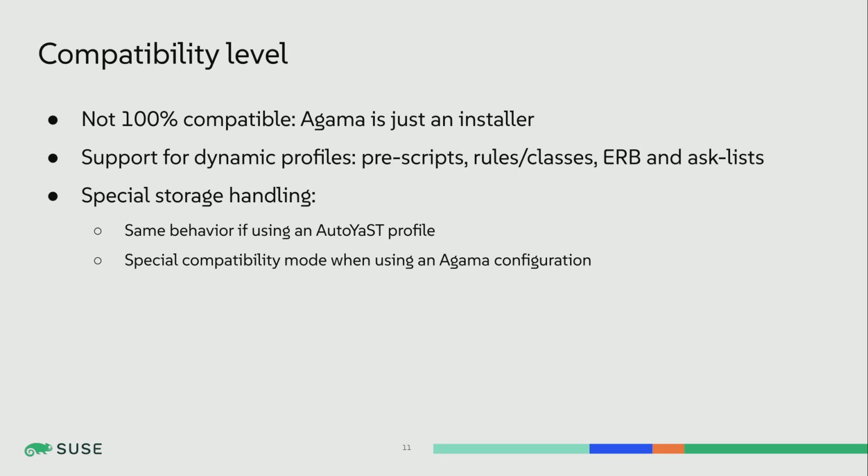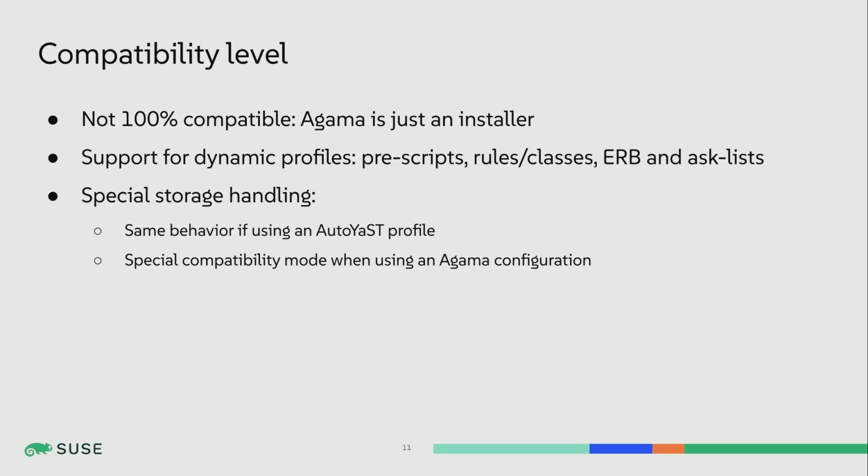And I guess that many of you, if you use AutoYaST, how many of you make use of AutoYaST usually? Well, I'm pretty sure that you have worked with pre-installation scripts, pools and classes, and ERB, and all those tricks that make an AutoYaST profile dynamic.